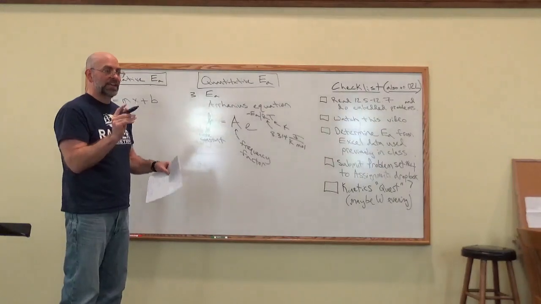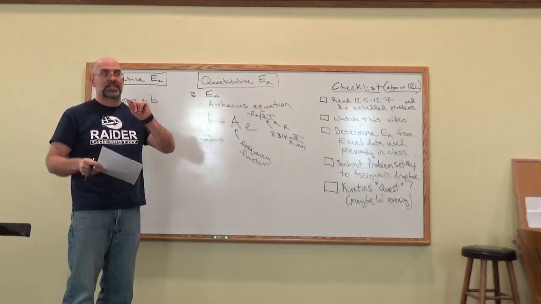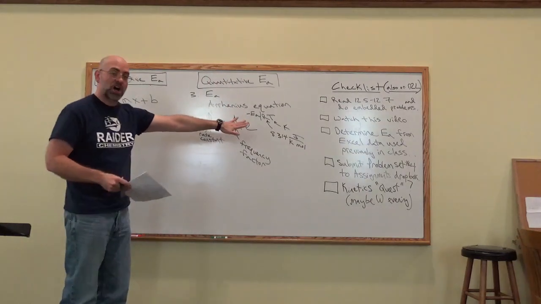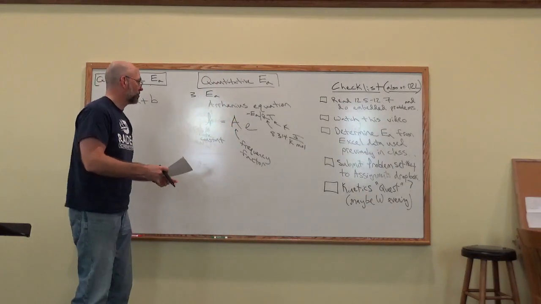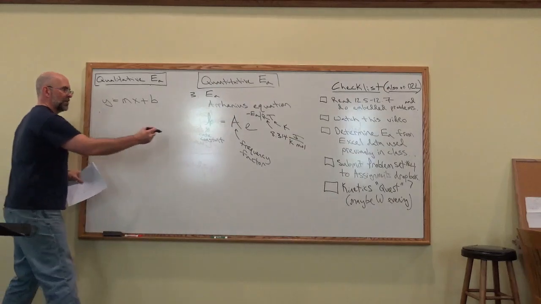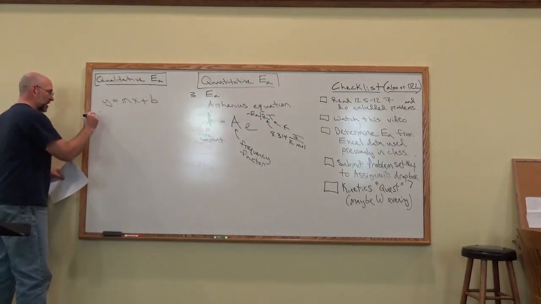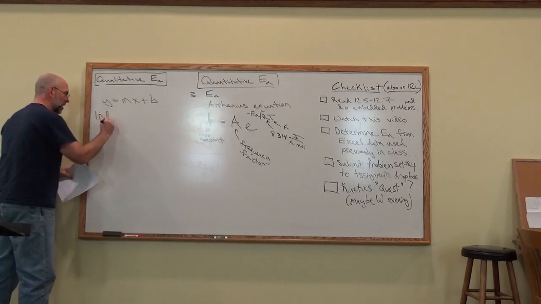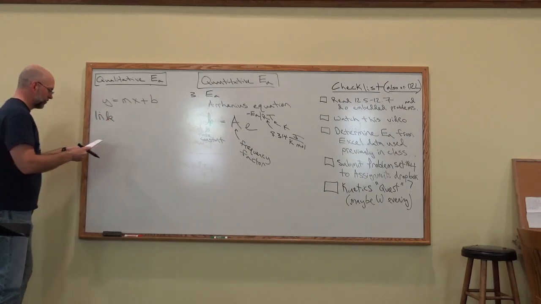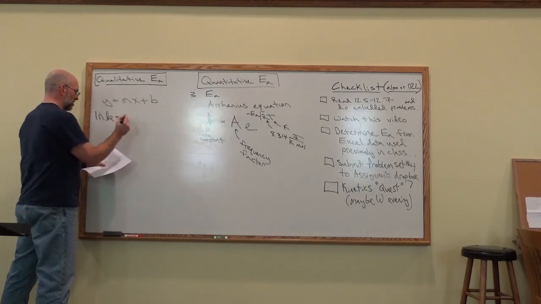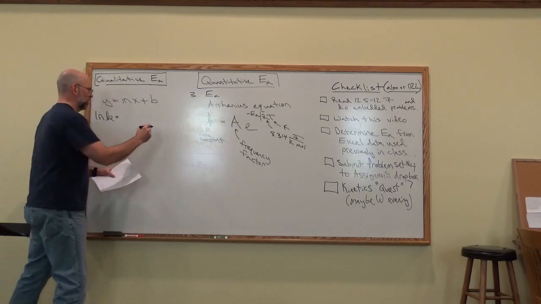How we're going to do that is very similar to something we did several weeks ago, where we took the natural log of each side. So I'm just going to quickly go through this. I'm going to take the natural log here and the natural log here, and we get the natural log of k equals, I'm going to rearrange this.